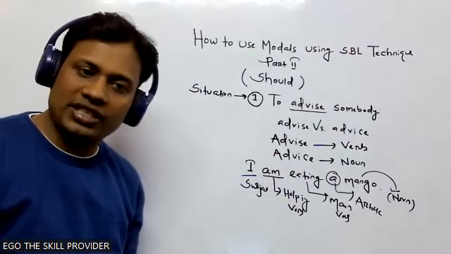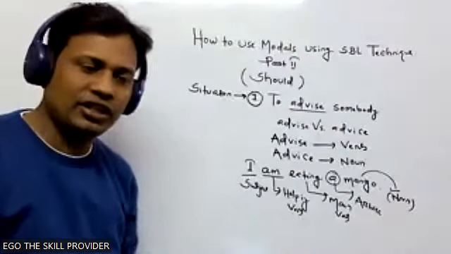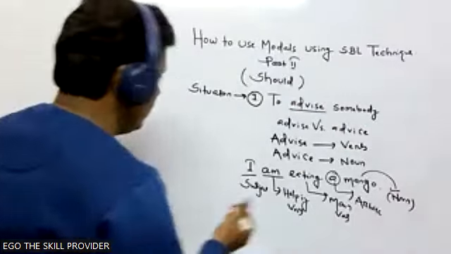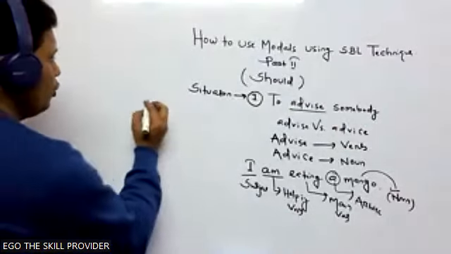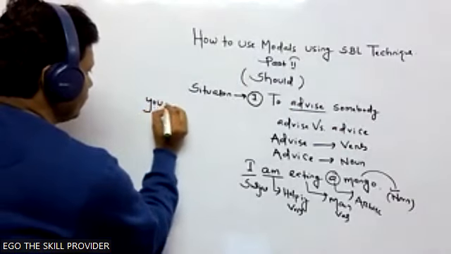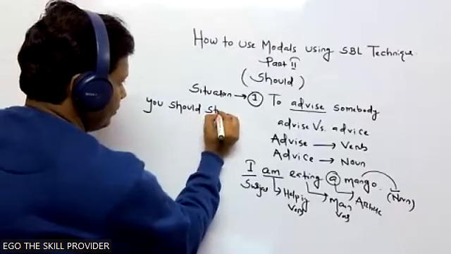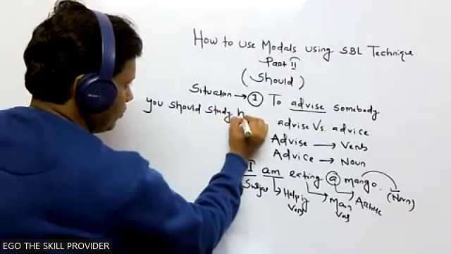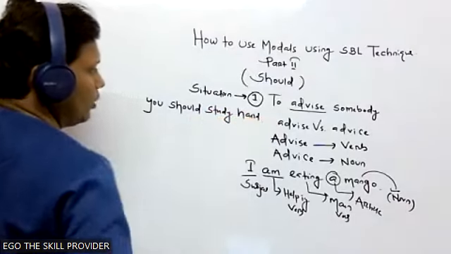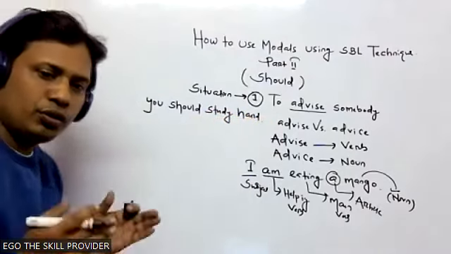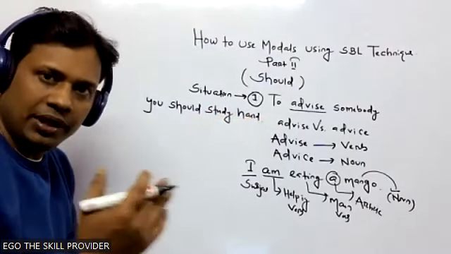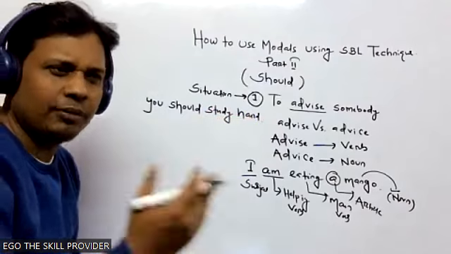I can write a lot of sentences. Let me write a sentence for you. The sentence I'm writing here: you should study hard. And you should not mingle with wicked people.